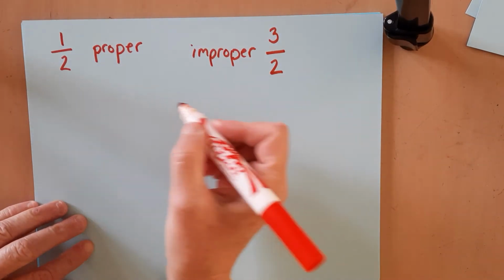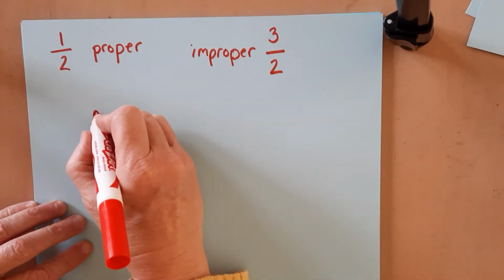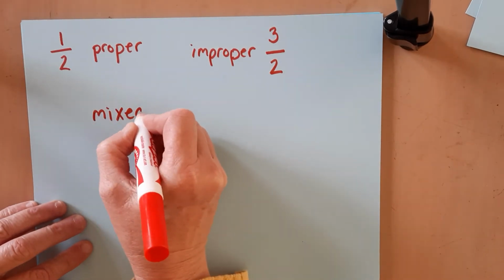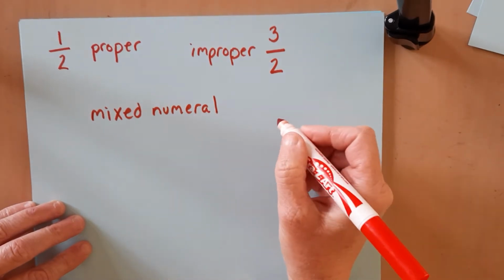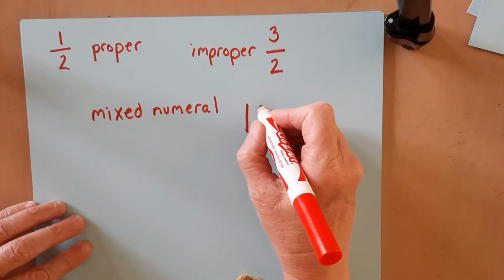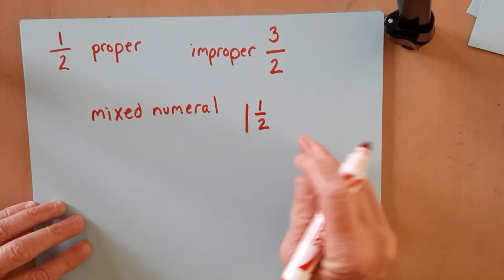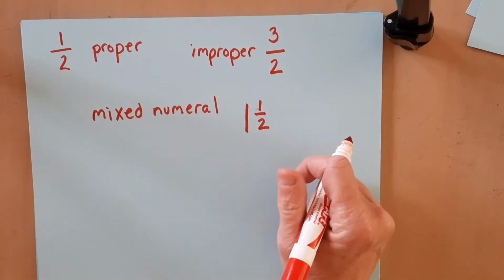So we're going to learn how to change improper fractions into something called a mixed numeral. A mixed numeral is just a number that has both a whole number, like a 1, and a fraction, like 1 1/2. 1 1/2 is a mixed numeral because it has both a number and a fraction.